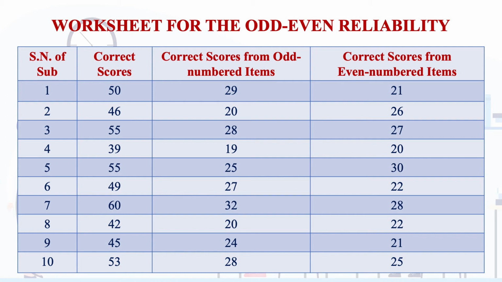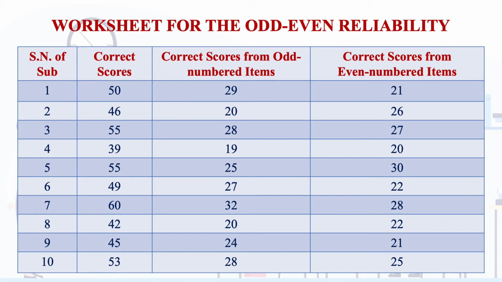If the total number of items in a test is 100, then what you will do is put items from 1 to 50 on one side, and items from 51 to 100 on the other side. In this way you can also split the whole test, so far as items are concerned, into two equal halves.